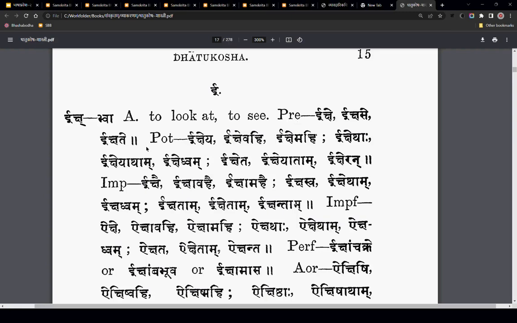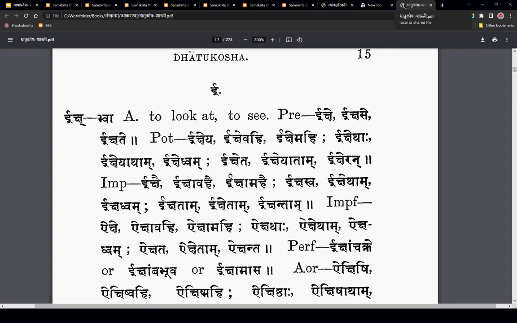Then the potential, which is the vidhiling lakara, which we'll see a little later. This is the imperative, Lot lakara. Anyway, this iksha with pra upasarga becomes preksha, and then it takes the form prekshate.